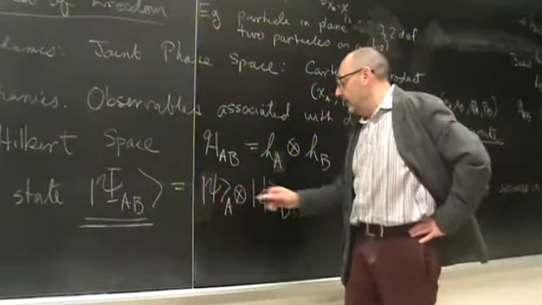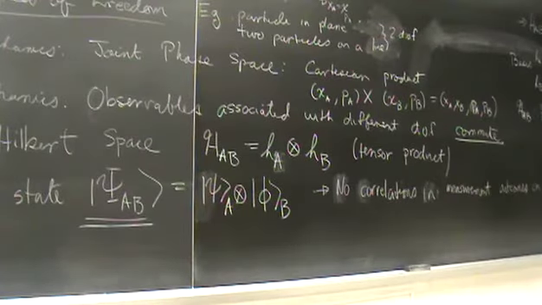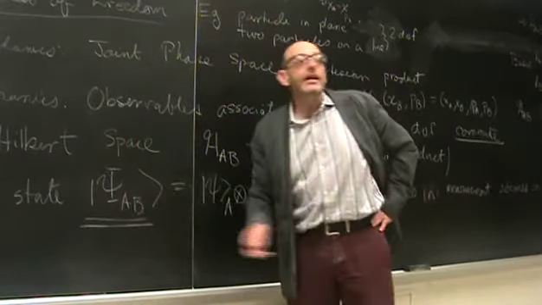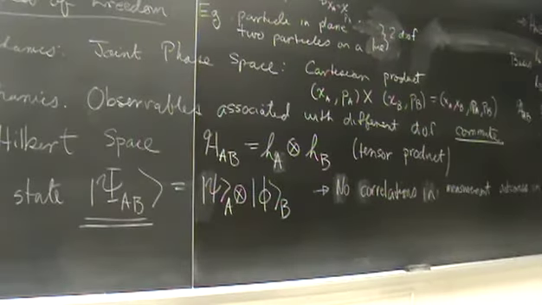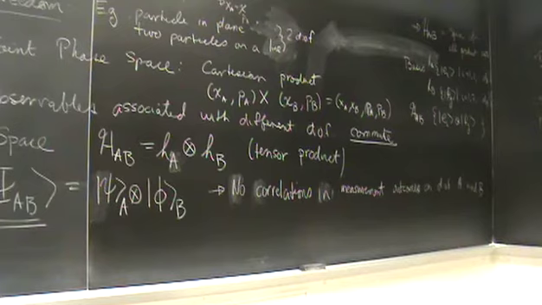That is to say, if I have a product state, the joint probability distribution for degree of freedom A and B is a probability for A times a probability for B. Right? And that means that there's no correlations between A and B, because the probability for both things to happen is just the product of one times the product of the other. Does that make sense to everybody?